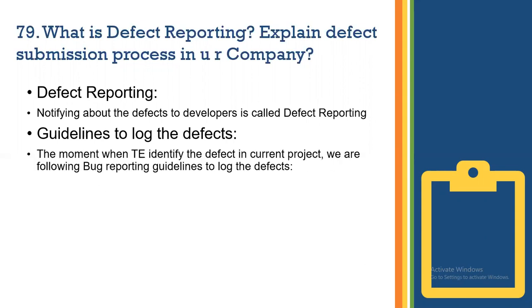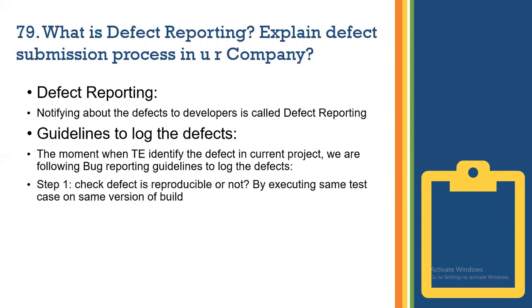The moment when I identify the defect in a current project, we follow bug reporting guidelines to log the defects, such as: check whether the defect is reproducible or not by executing the same test case on the same version of build.